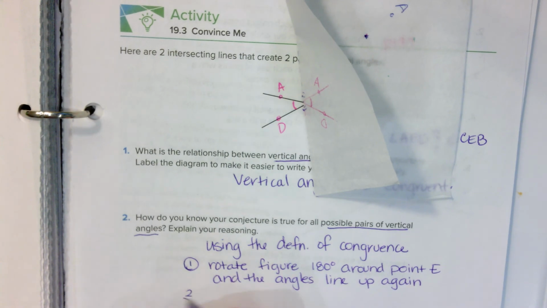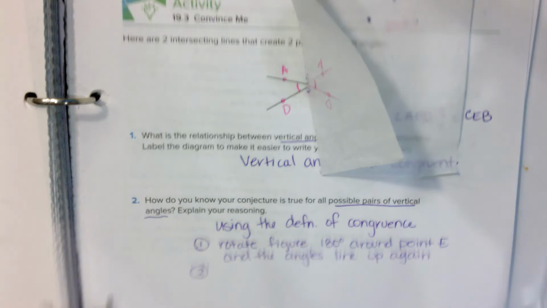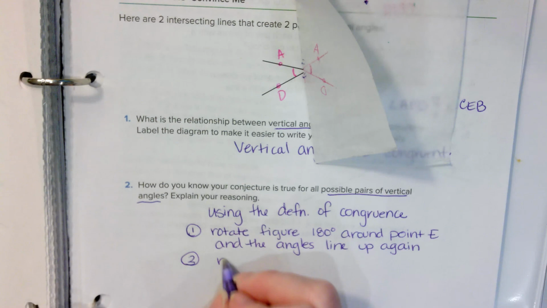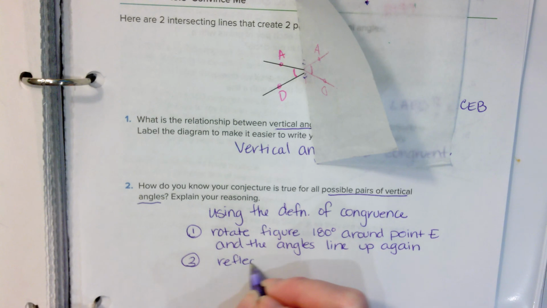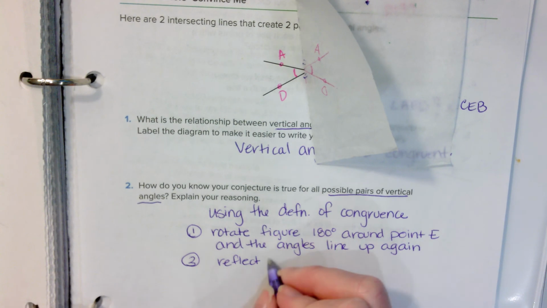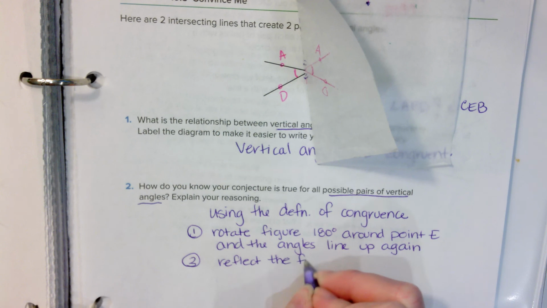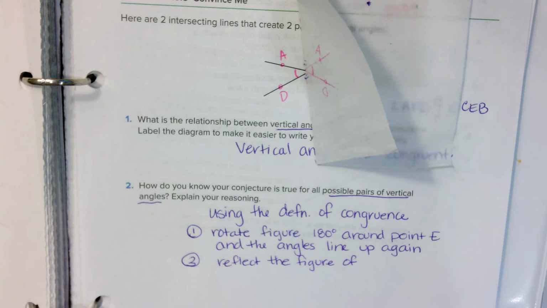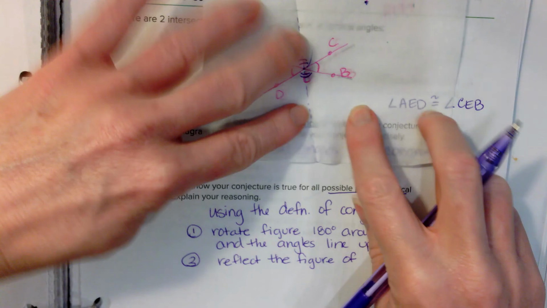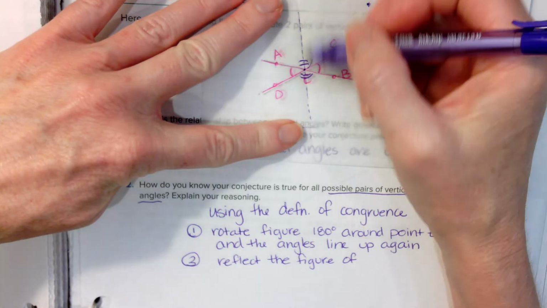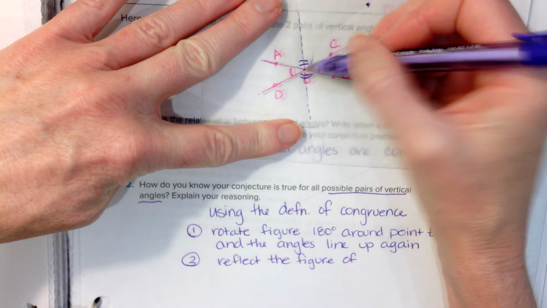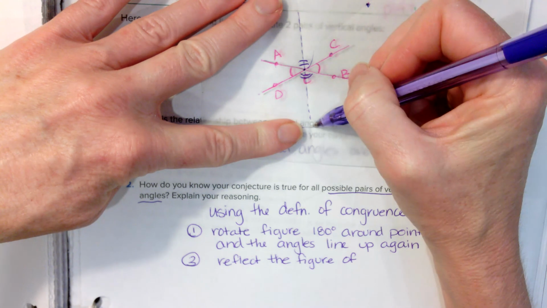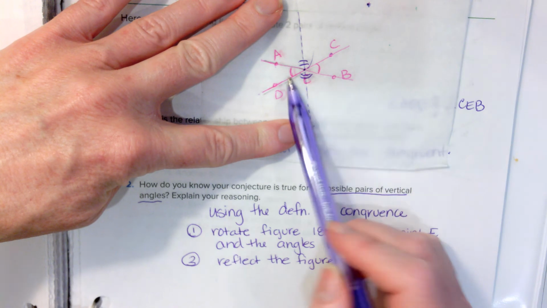So 2, let me move my camera for you. So 2, I also reflect the figure over. My line of reflection was the angle bisector of AEC was the one I used. That was the line I folded over to fold my 2 pink angles on top of each other.